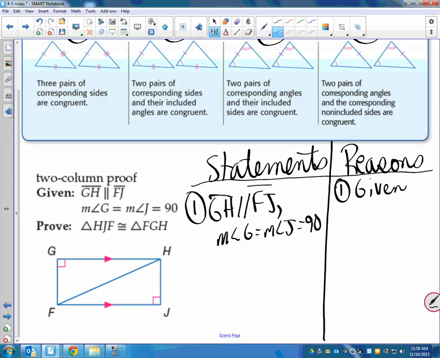I think there should be at least 5 steps, because in step 1, they don't really tell you any side or angle. Like you need to take that statement and say that the 2 angles are congruent because of a reason. You need to say the measure of angle G is congruent to the measure of angle J. Yes, they tell you they both equal 90, but you need to say they're congruent.